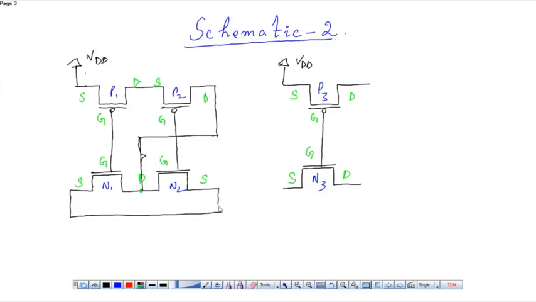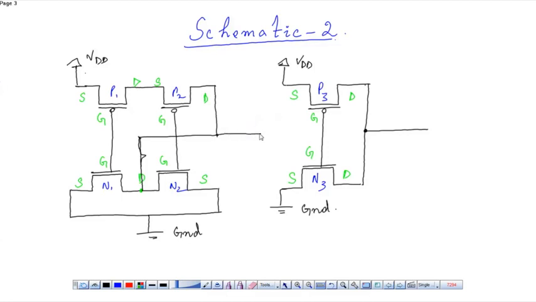Since the NMOS are in parallel, and over here the two drains are connected. From the drain we will obtain the output. From here it is connected to ground.